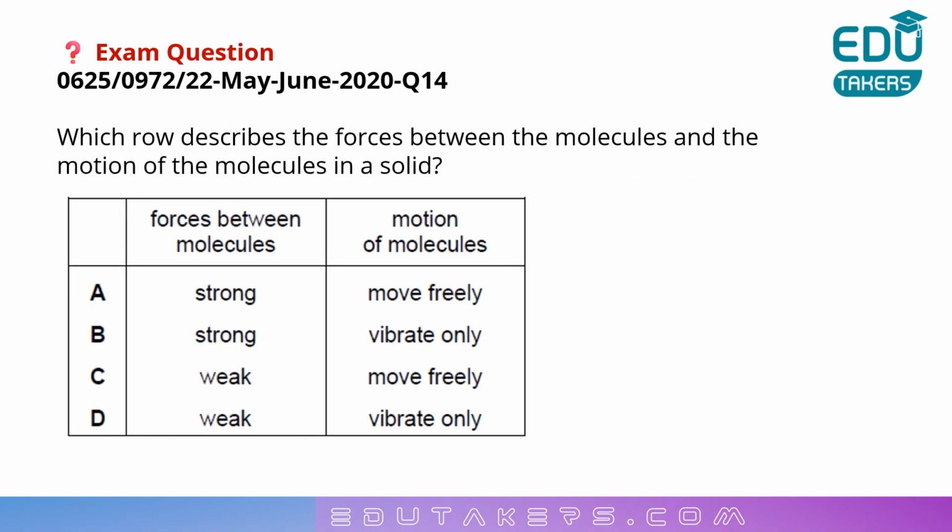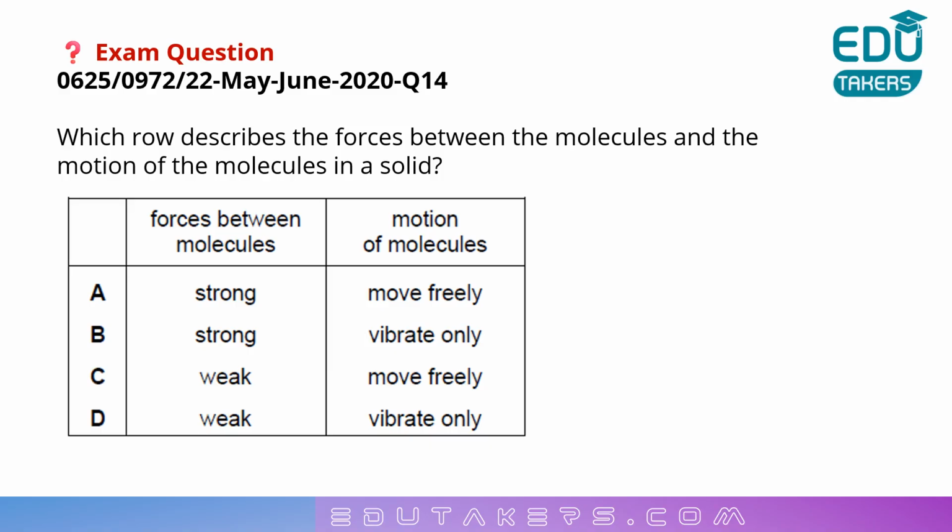Let's explore another exam question. It states: which row describes the forces between the molecules and the motion of the molecules in a solid? Try to figure out the correct option. As we know, in a solid, the molecules are closely packed together in a fixed, orderly arrangement. The forces between these molecules are very strong, which keeps them in place.